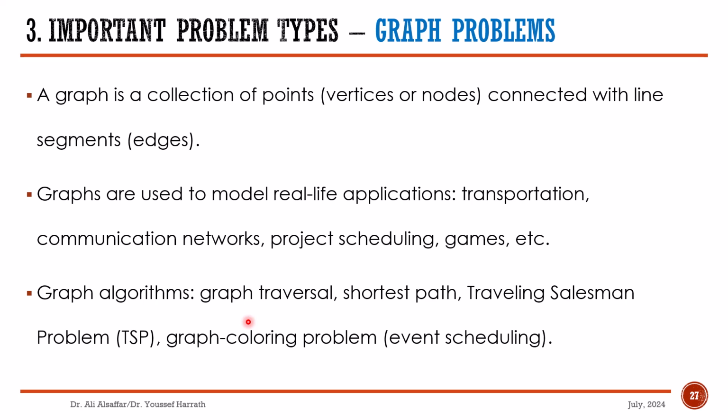And finally, graph coloring problem is the problem of assigning the smallest number of colors to the vertices of a graph so that no two adjacent vertices have the same color. Some graph problems are computationally very hard. The most well-known examples are the traveling salesman problem and the graph coloring problem.